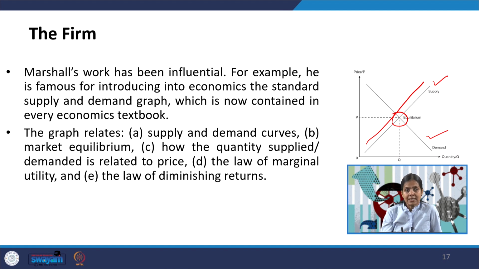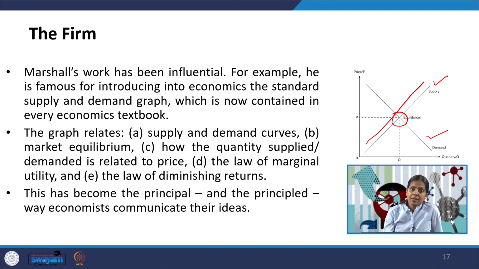Whenever price changes, supply also changes in the same direction as the price. The law of marginal utility and the law of diminishing returns are also there in his works, though this graph does not particularly depict them. This has become the principled way economists communicated their ideas for a large part of neoclassical economics.